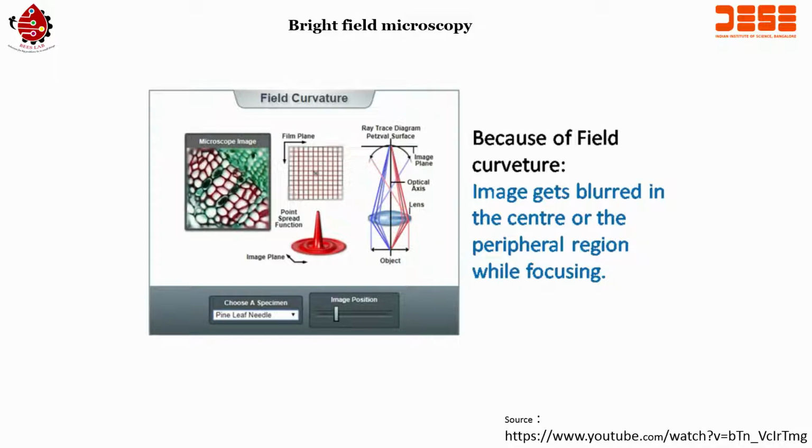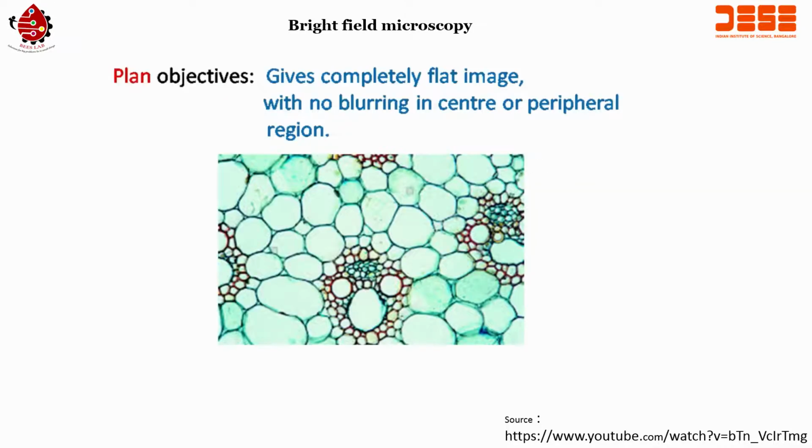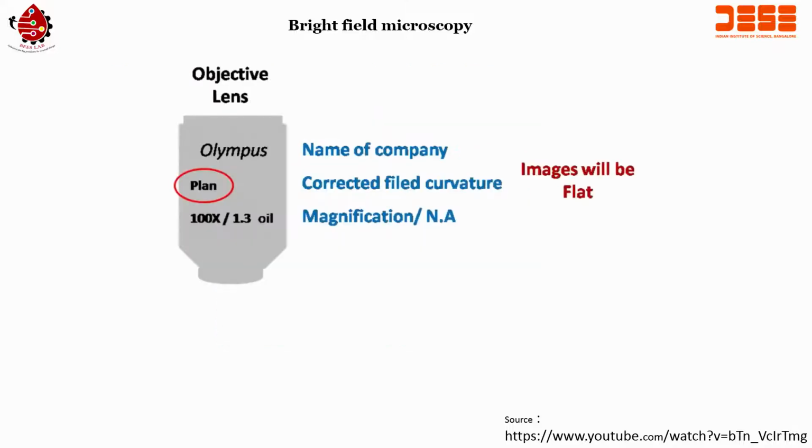While focusing in the center of an image, the peripheral region gets blurred, and while focusing in the peripheral region, the central region gets blurred. To avoid the problem of field curvature, modern objectives are designed to give a clear, flat image, with no blurring in the center or the edge. The objectives with corrections in field curvature are called plan objectives.